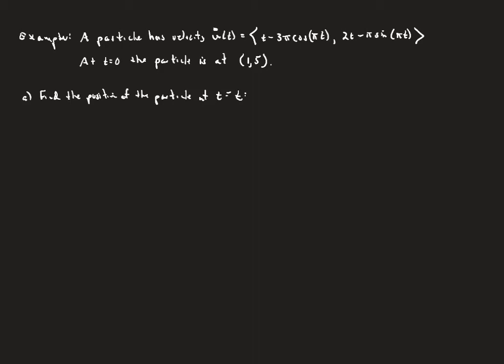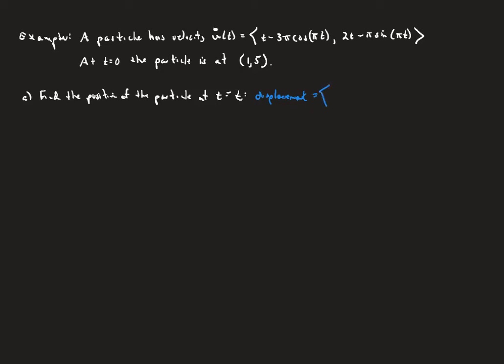So what we're going to have to do is find the displacement. That is, what was the net change in position of this particle between time 0 and time 4. And so that is going to be given as a vector.